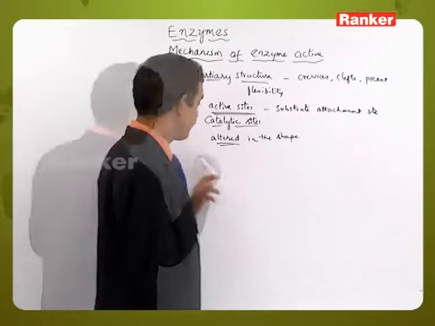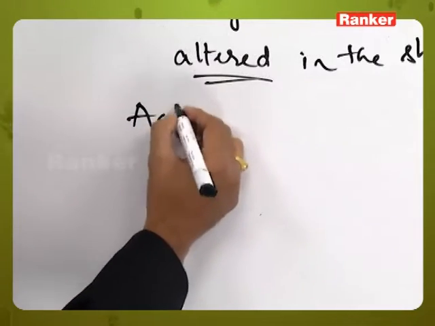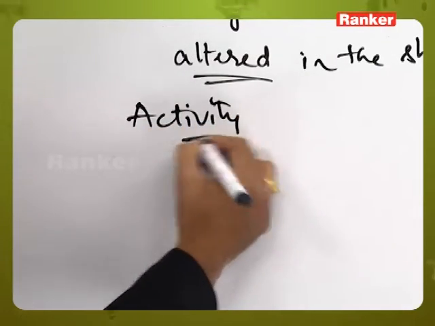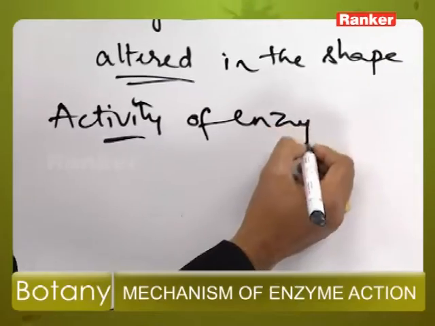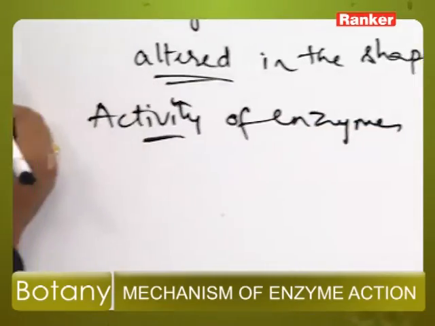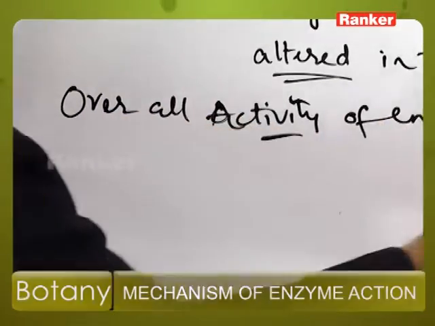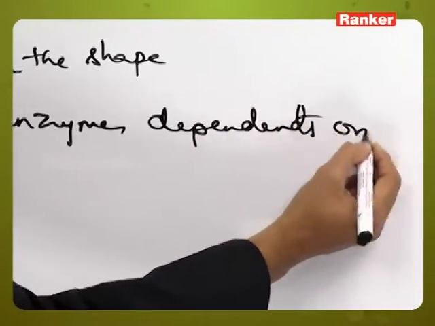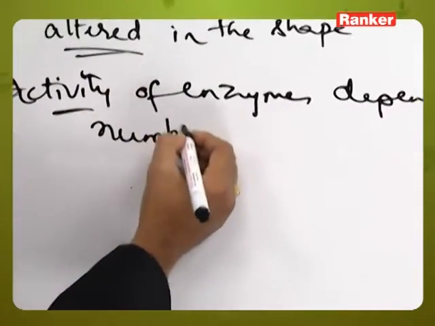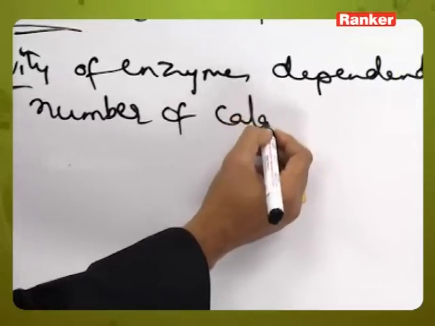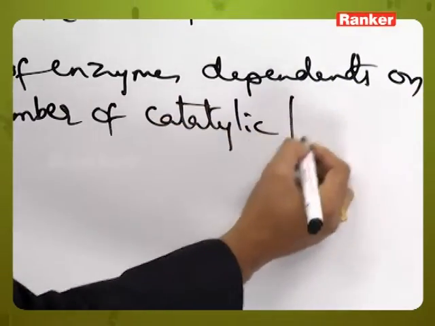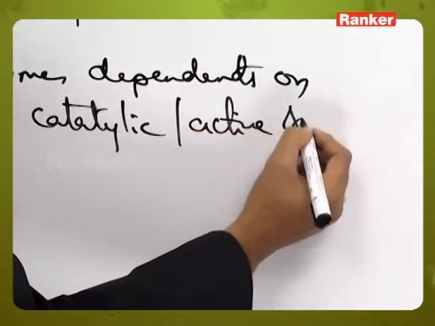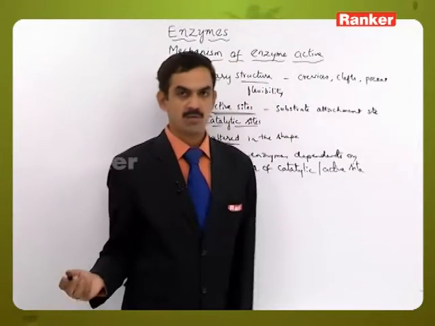So the overall activity of the enzyme depends upon the number of catalytic sites or active sites which are present on the enzyme molecule.